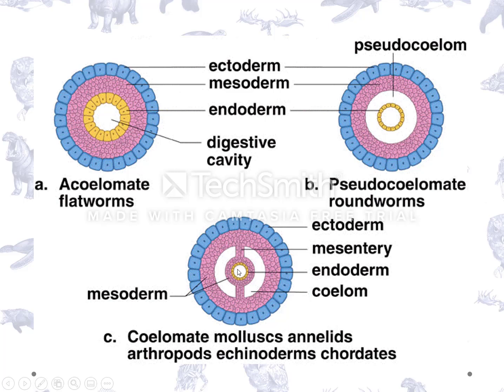Here you can see the yellow and the pink follows on the yellow, but inside the pink, inside the mesoderm, is a fluid-filled cavity. So therefore it is splitting the mesoderm and therefore it is a coelom. So this one is a triploblastic coelomate. This one is a triploblastic pseudocoelomate, and this one is a triploblastic acoelomate.